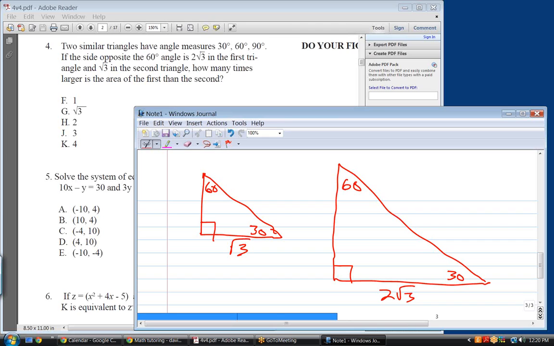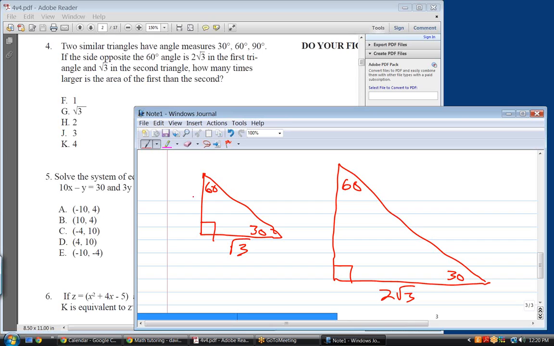When you go from linear to area, you square the ratio. When you go from linear to volume, you cube the ratio. That makes sense. It depends on whether you're talking about linear, area, or volume.